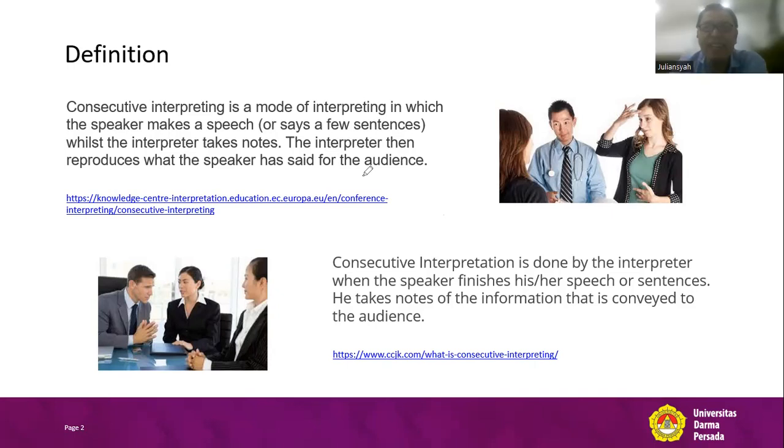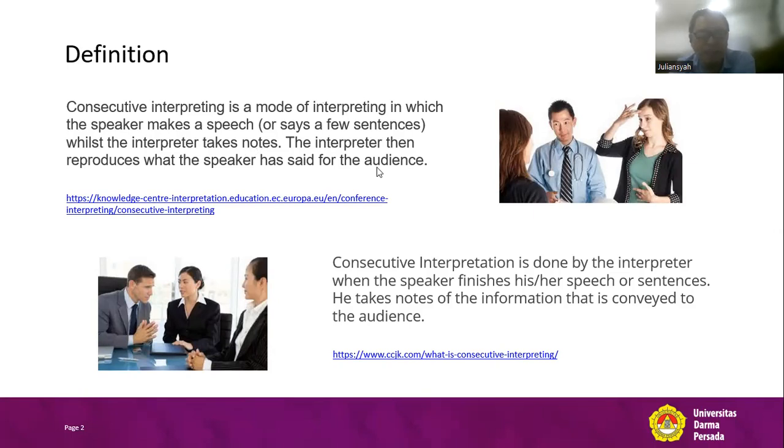Oh, okay, interpreter doesn't make speech, the speaker makes speech, and then the interpreter takes notes, and then the interpreter reproduces what the speaker has said. Okay, could you repeat again? The speaker makes a speech and then the interpreter takes note and then the interpreter reproduce. Okay, very good. Thank you very much.